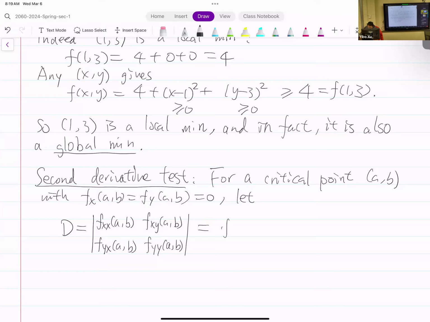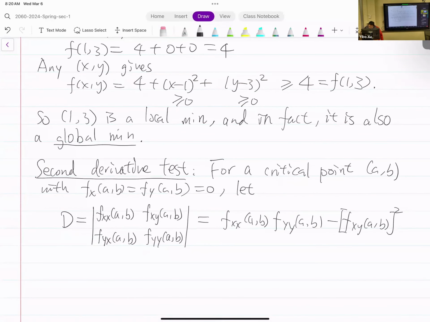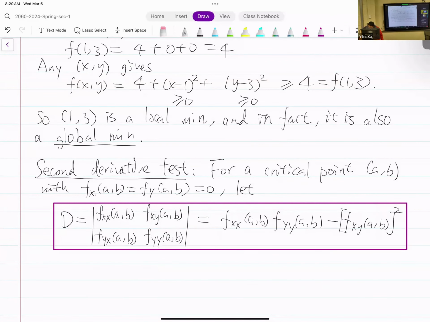So this equals f sub xx at (a, b) times f sub yy at (a, b) minus, you also know that f sub xy and f sub yx eventually have to agree, so you can just put f sub xy of (a, b) squared. So this is a critical quantity that you evaluate when you're doing the second derivative test. So let me put a box here.